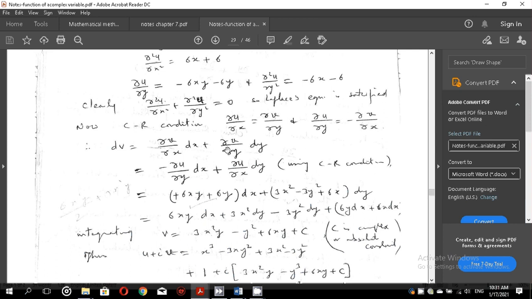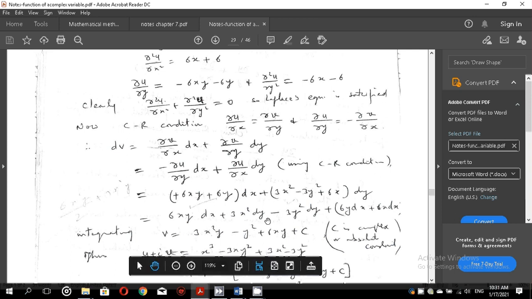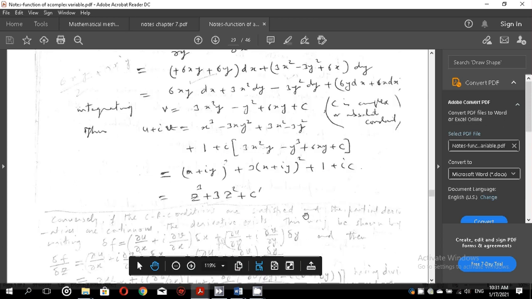So we have replaced the CR conditions here, and now we have calculated the value of dv, as you can see over here. So from dv, when we integrate, we get the value of v, and here is this constant, and this constant is also determined as you can see from here.